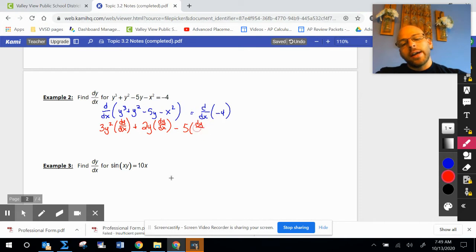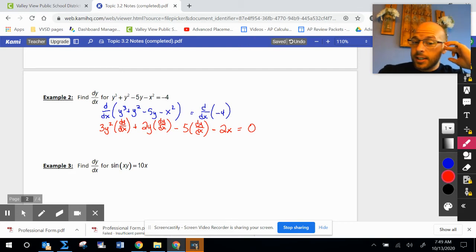Again, there was a y in that. It doesn't matter that it's not there anymore. The fact that it started with a y, it gets a dy dx, and then the derivative of the x squared is a minus 2x. And that's going to equal, now we have to take the derivative of the right side of our equation. So the derivative of negative 4 is just 0 because the derivative of any constant is 0.